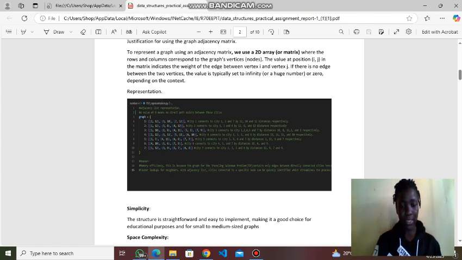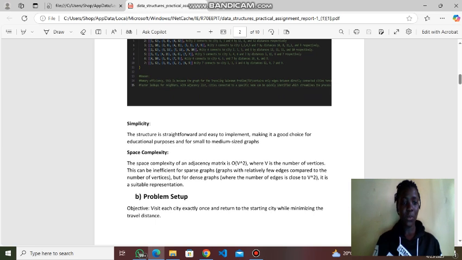With adjacency lists, cities connected to a specific node can be quickly identified, which streamlines the process. For simplicity, the structure is straightforward and easy to implement, making it a good choice for educational purposes and for small to medium-sized graphs.